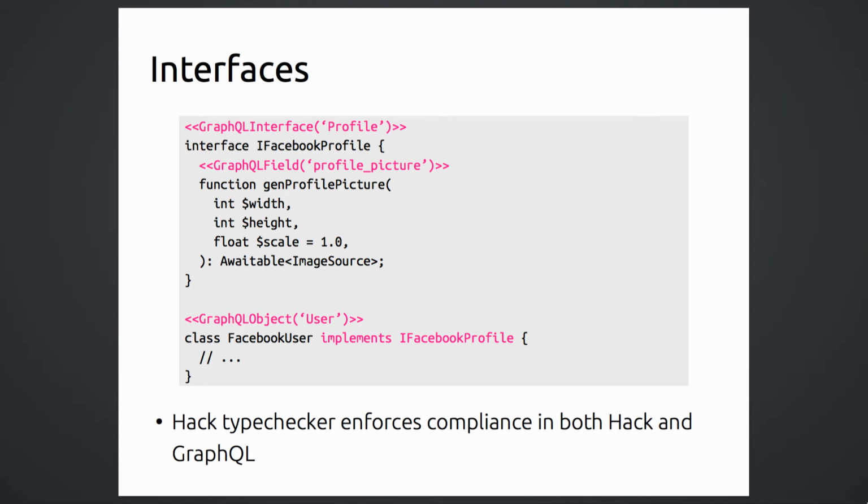So this is pretty neat because the Hack type checker enforces that both the Hack type system is sound and that the GraphQL type system is sound. So if, for example, they forgot to add a gen profile picture function here, which means we wouldn't know how to resolve the profile picture GraphQL field, this would be a type error that the Hack type checker wouldn't let in.